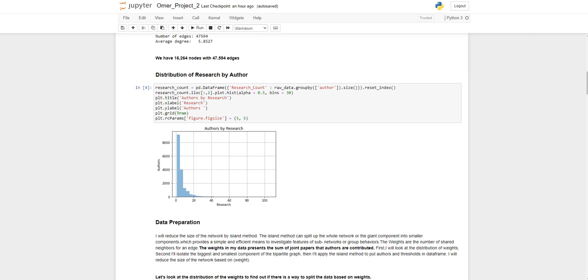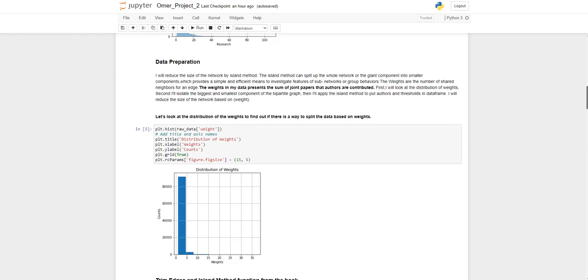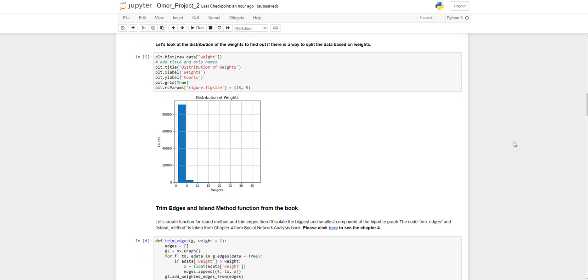The next step is looking at the weights and counts and the distribution of weights. As I said before, I'm trying to understand what threshold we can use to split the data. The basic idea is, if I plot the distribution of weights, can I get some idea of how to split the data by looking at it.